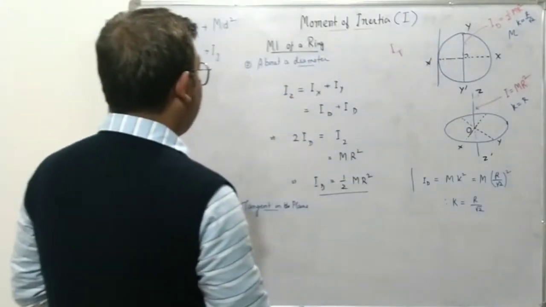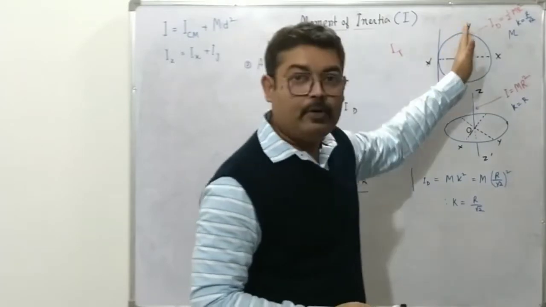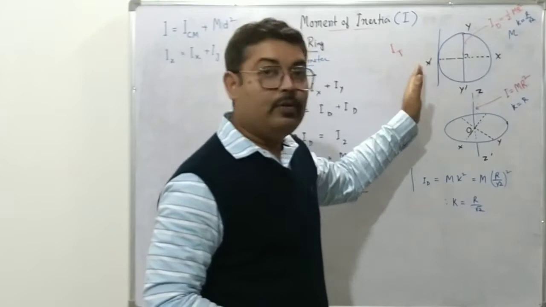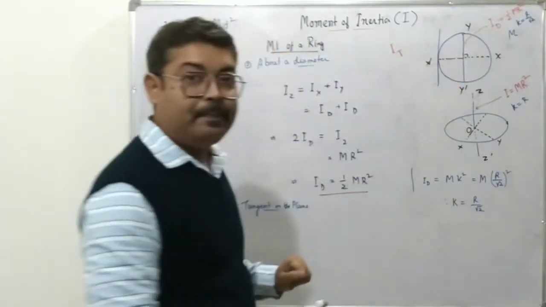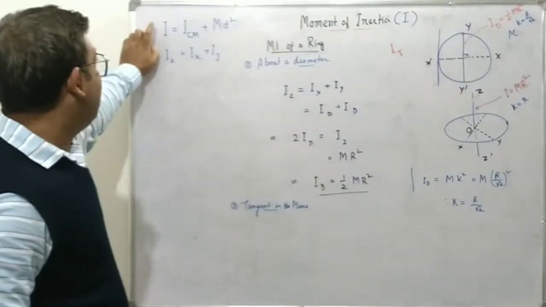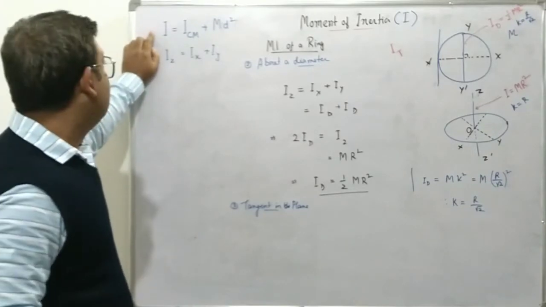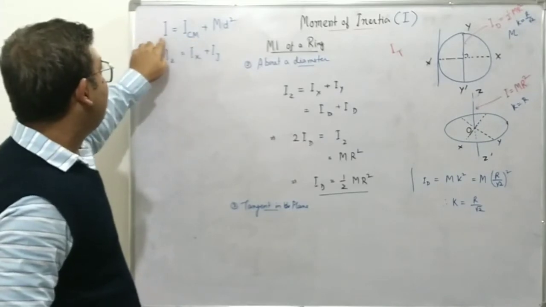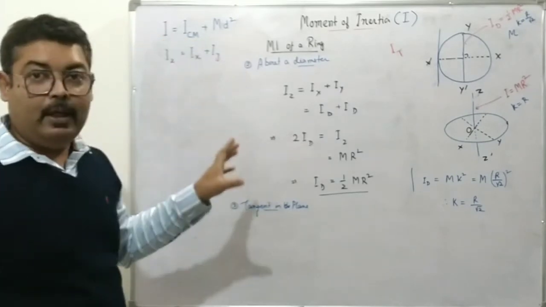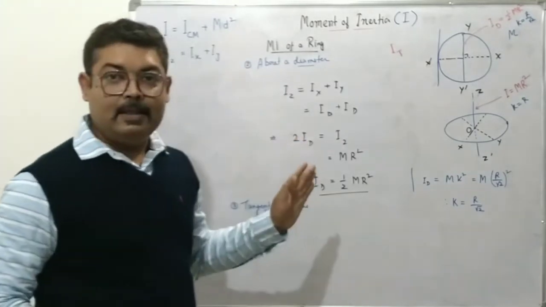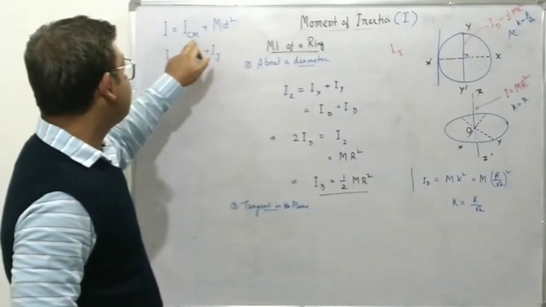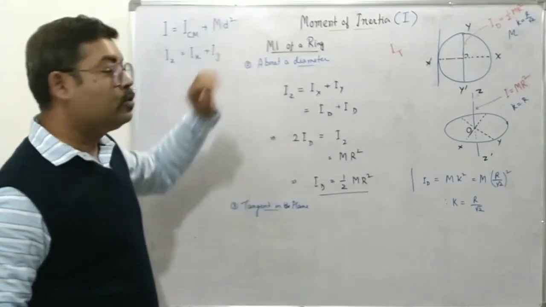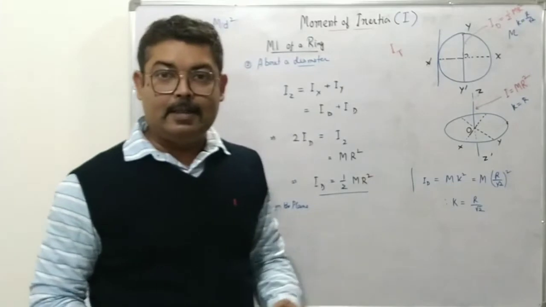So now we already have the moment of inertia about the diameter, and we know that this tangent is parallel to the diameter, lying in the same plane. So we can call in the help of the theorem of parallel axis. The theorem of parallel axis says that the moment of inertia of a body about a given axis is equal to the sum of the moment of inertia about the center of mass and the product of mass and the square of the distance between the two parallel axes.